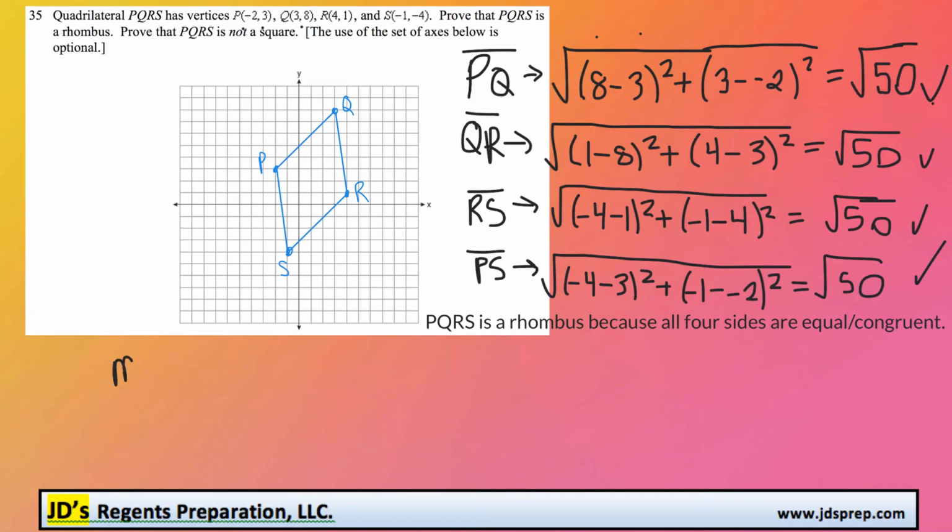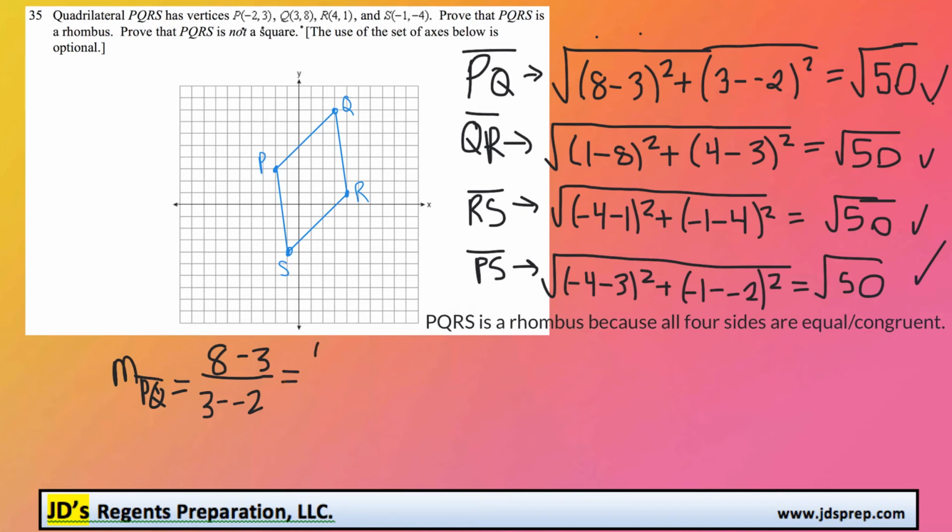So we'll start with the slope of the line PQ, and using the slope formula, it'll be 8 minus 3 over 3 minus negative 2. And again, these numbers are y2 minus y1 over x2 minus x1.